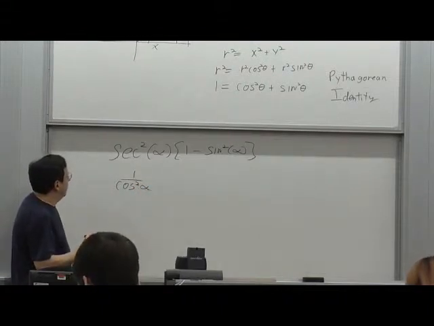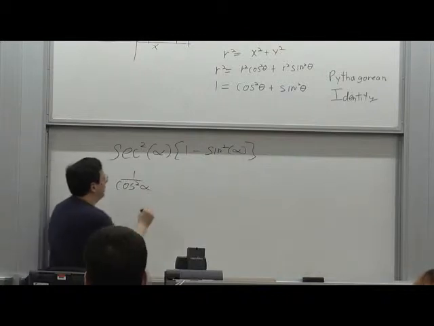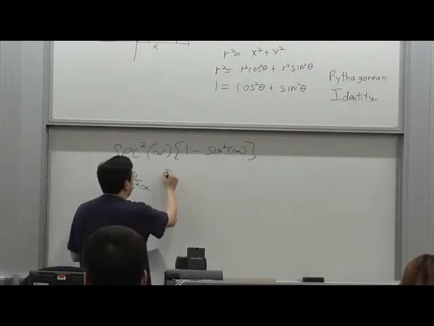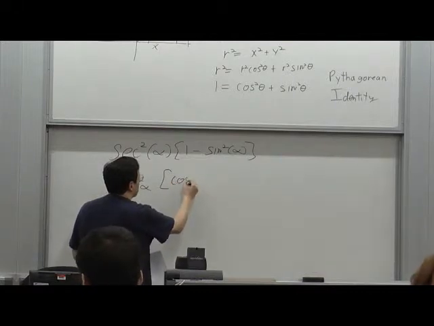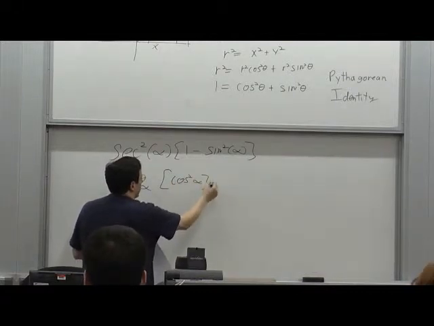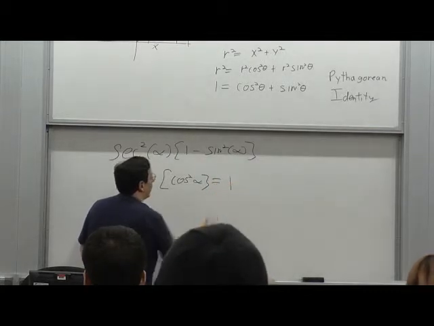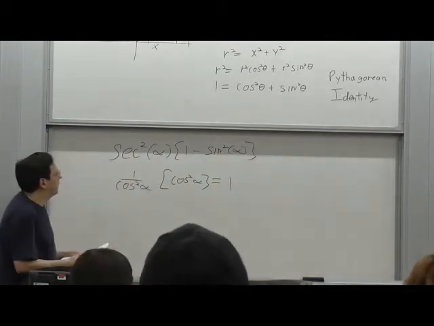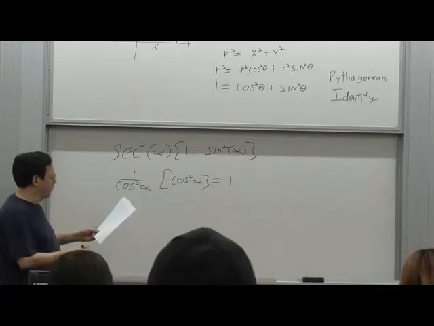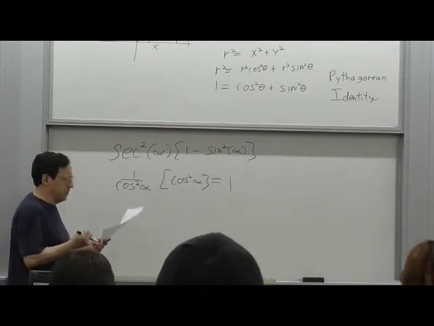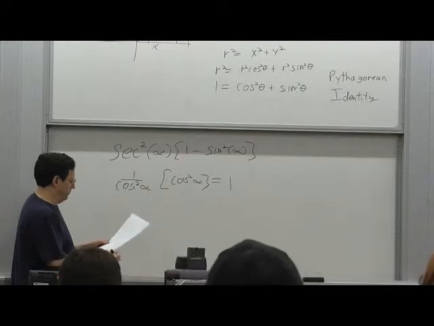Secant squared is just 1 over cosine squared, and 1 minus sine squared is cosine squared, so it's another one of those that equals 1, right? Well, that was too easy, wasn't it? Oh, it was the first problem, so we want to start with an easy problem.